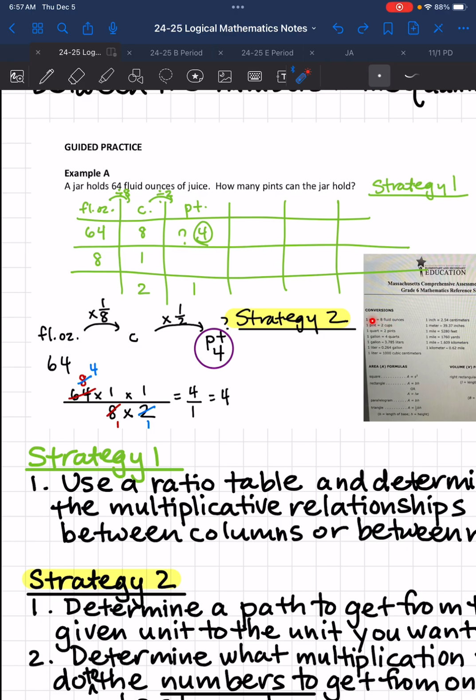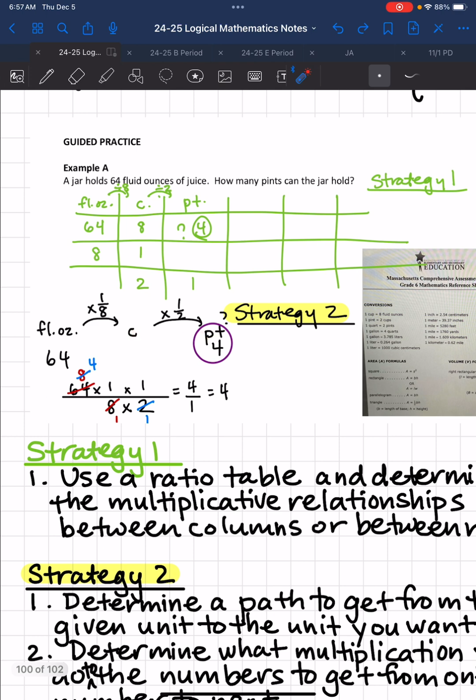So from fluid ounces to cups, I'm going to multiply the number by 1/8. Now I'm going from cups to pints. So from cups to pints, now I look at the number that's associated with it. It's 2. I'm going from the number 2 to the number 1. Is the number getting bigger or smaller? It's getting smaller.